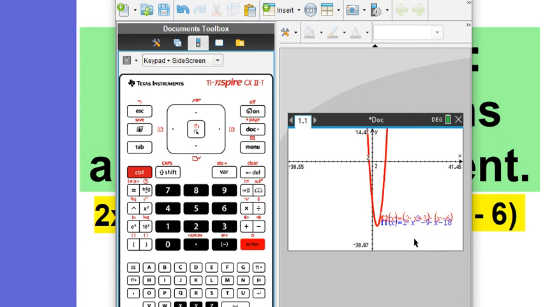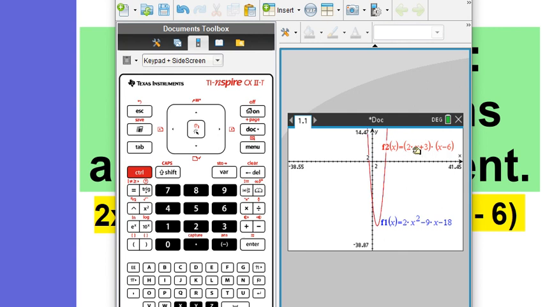And notice this time, those look an awful lot alike. So based on just glancing at the picture, my instinct is to say those are the same exact graph.